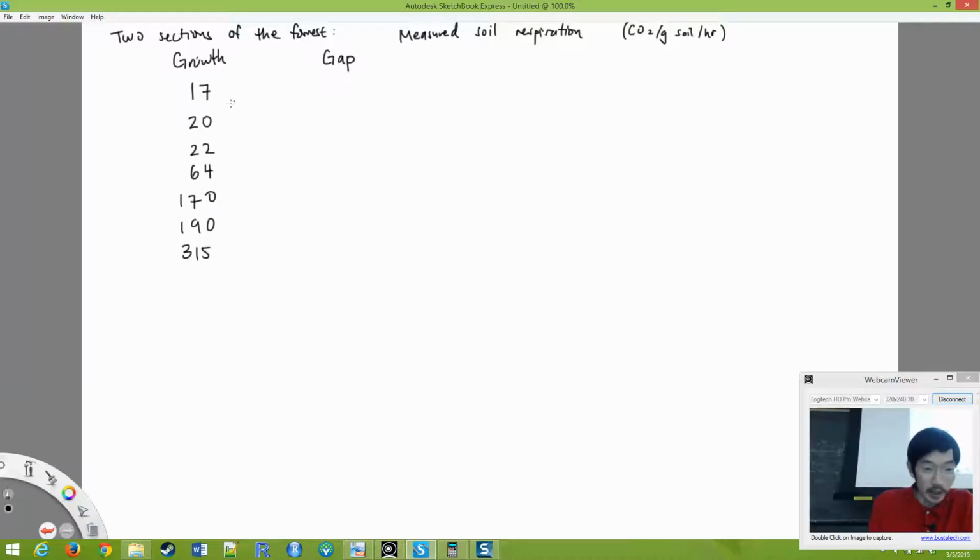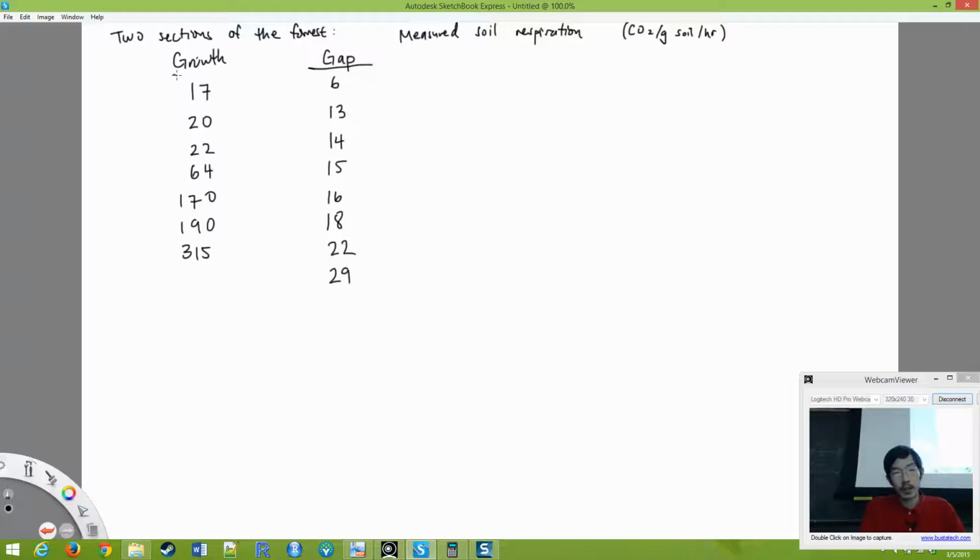We have 1, 2, 3, 4, 5, 6, 7 measurements from the growth section and from the gap section. We have these measurements.